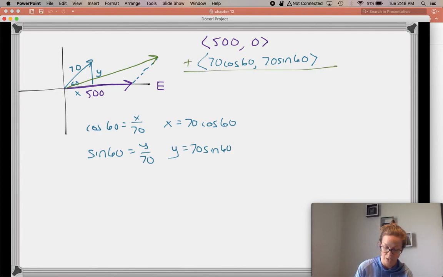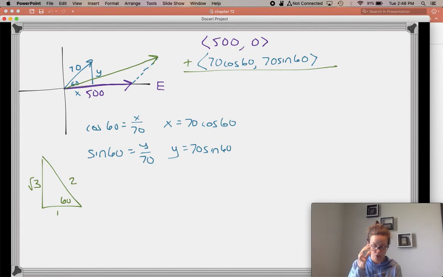is going to be the new direction and speed of the plane there, which can be found by adding these two vectors together. So now, let's see, 60 degrees, we got 1, 2, and square root of 3. So cosine is 1/2. So this is actually going to be, I should do it in blue, 35 there for that cosine.